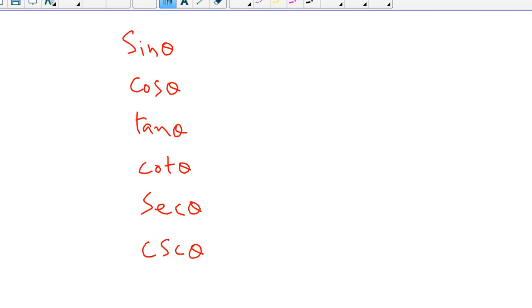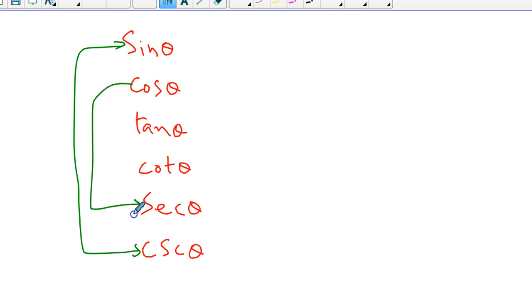Those are the six trig ratios. So sine is the reciprocal of cosecant, and cosine is the reciprocal of secant. Tangent and cotangent, those two go together.